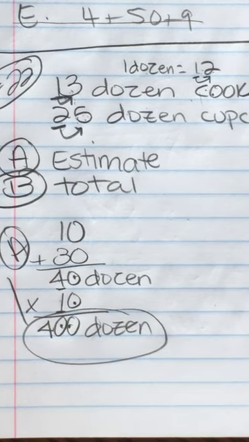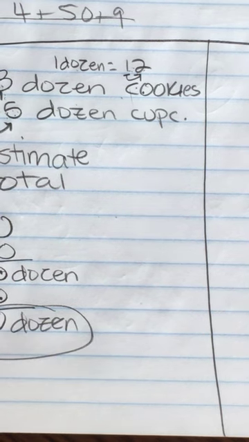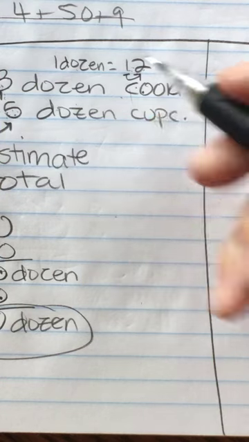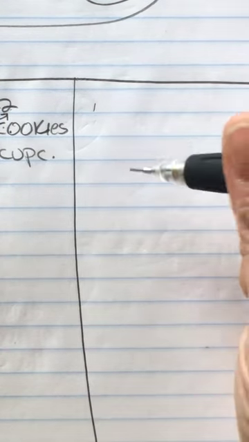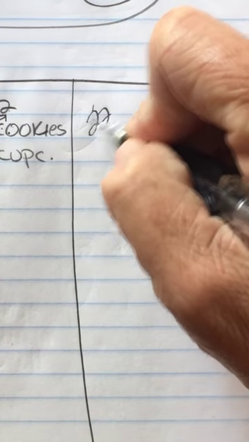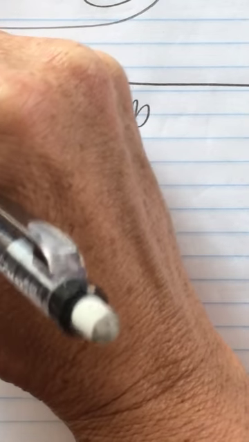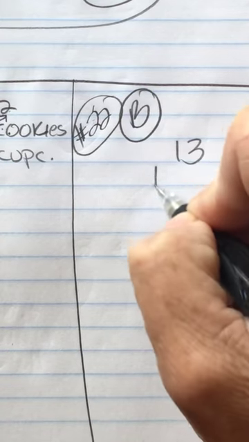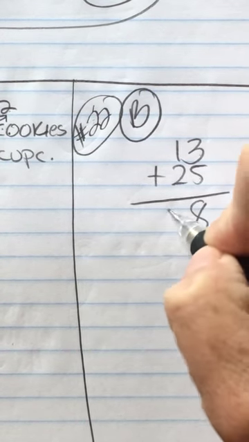Okay. Now let's compare that to a real multiplication problem. First we have to add 25 plus 13. I'm going to do a number 22B, so I'm going to make this A, and this is B. I want to do 13 plus 25. 5 plus 3 is 8, 2 plus 1 is 3.